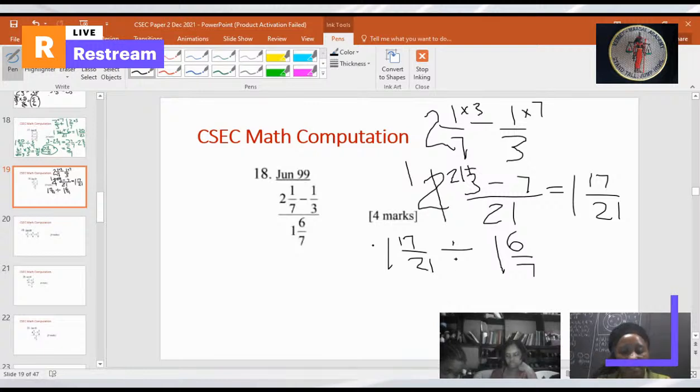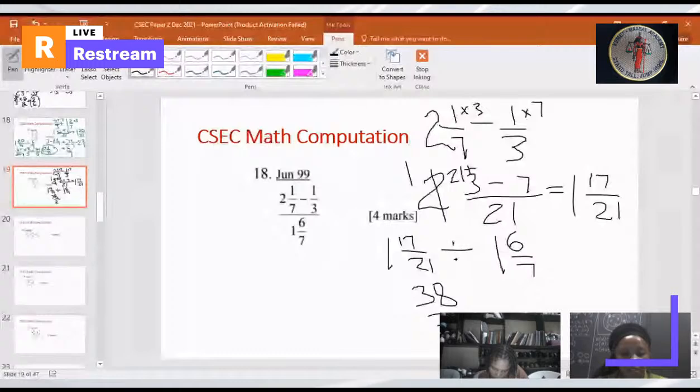We're changing the mixed numbers to improper fractions, right? Yes, miss. So 21 times 1, that's 21, plus 17. 21 plus 17 equals 38, over the 21.